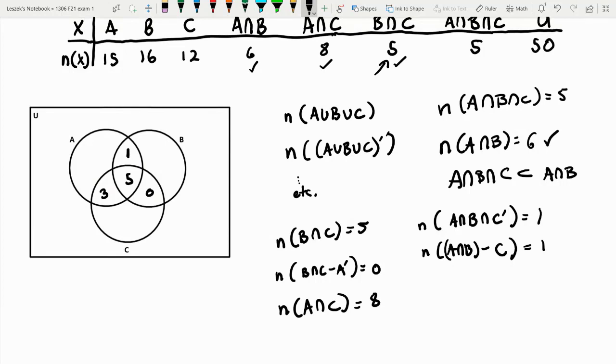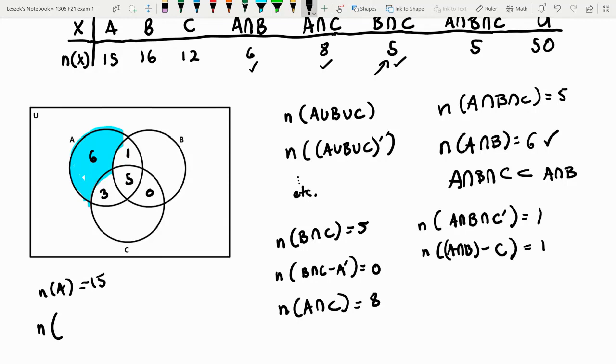So set A has 15 elements. 6, very good. We already have 9 of them here, so 9 plus 6 gives us the 15 total that should be inside of A. And how would you express this set here? In words, this is everything that's in A but outside of either B or C. What's the symbol here?